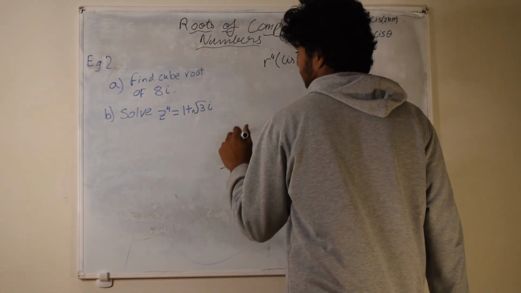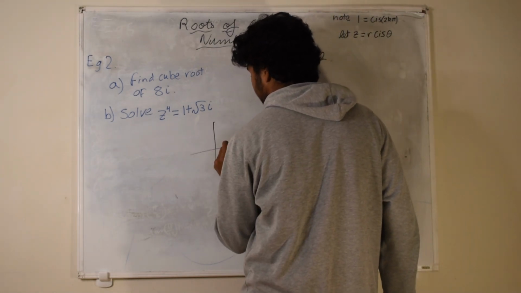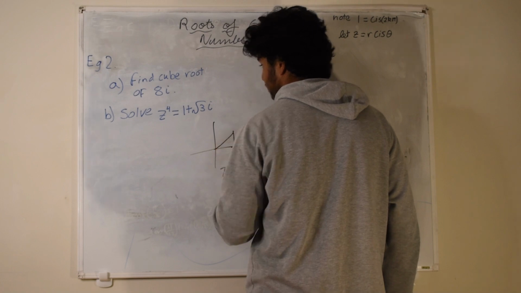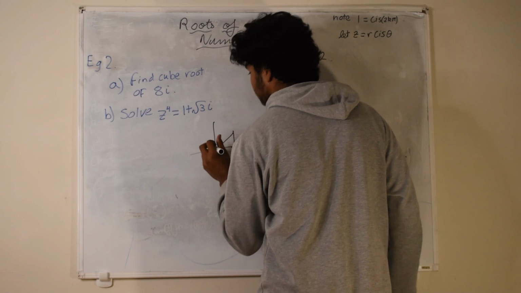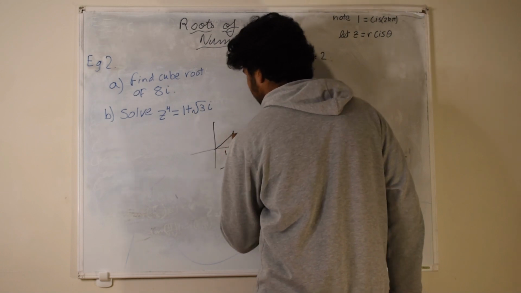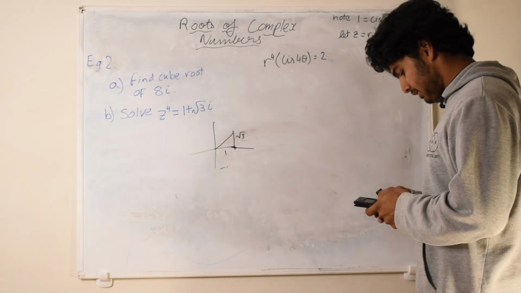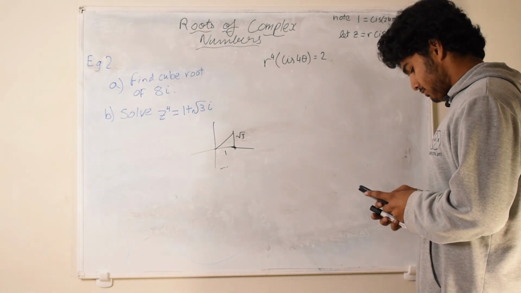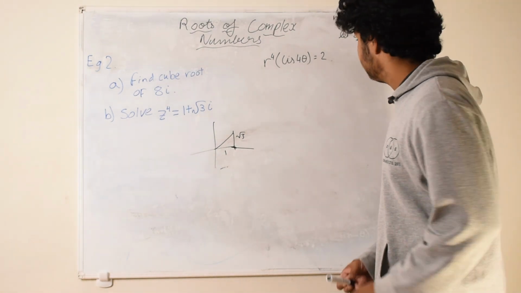Argument. Argument diagram. We've got root 3 around here, 1 around there. Sorry, my bad. 1 would be here, root 3 would be here. Inverse tan of root 3 gives me, I believe, 60 degrees. Root 3 is correct, 60 degrees.